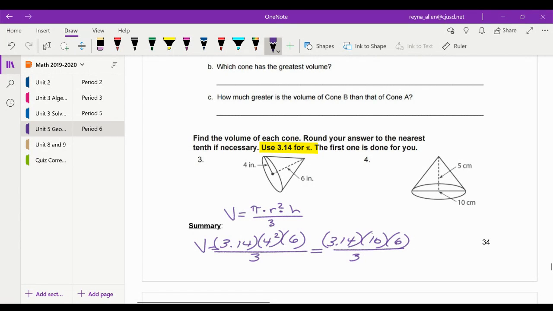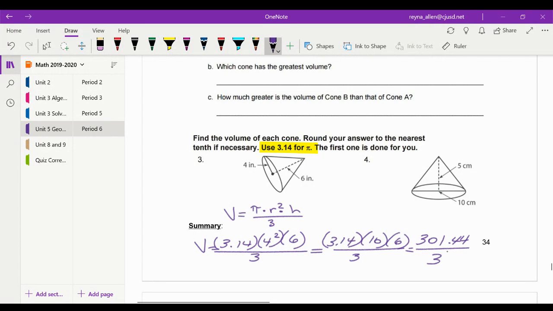Okay, what do you get? I'm going to have you take out your calculator now. I know you already have your phone on you. Do 3.14 times 16 times 6. What do you get? Good, 301.44.